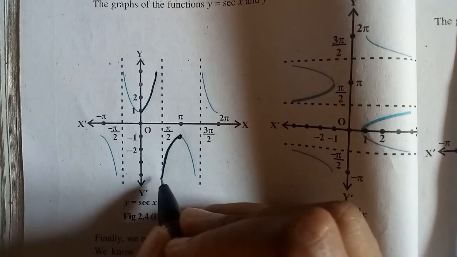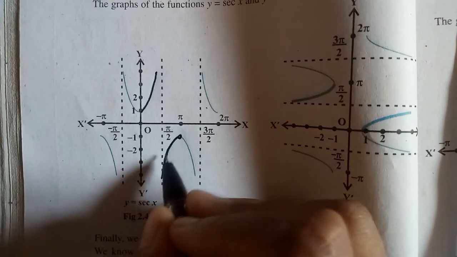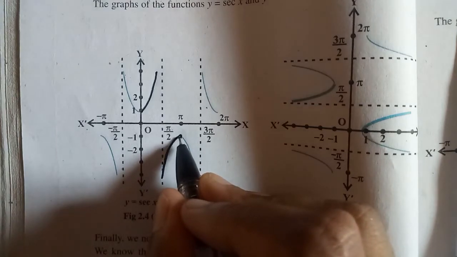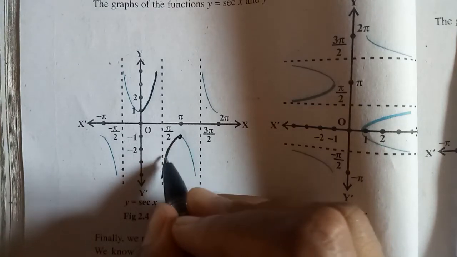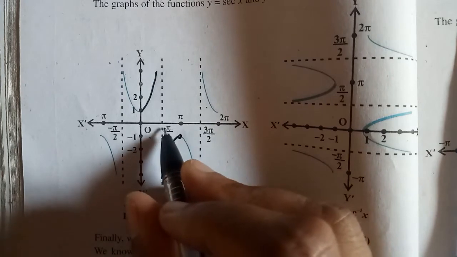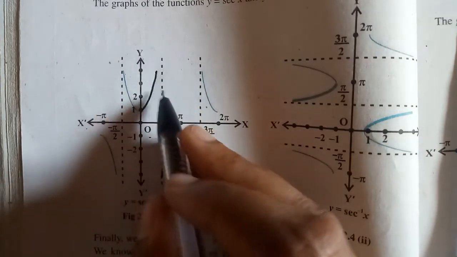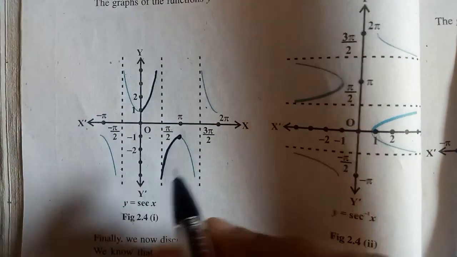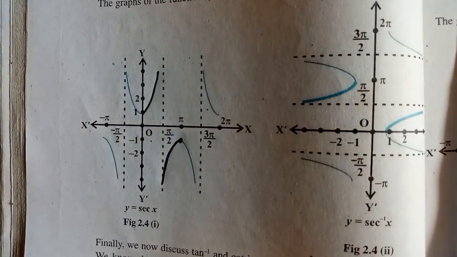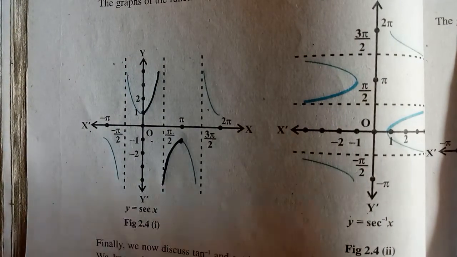That means for sec, if I put a restriction on the domain of sec to 0 to pi, without pi by 2 because it is not defined at that point, then your function will become injective. Yes or no?